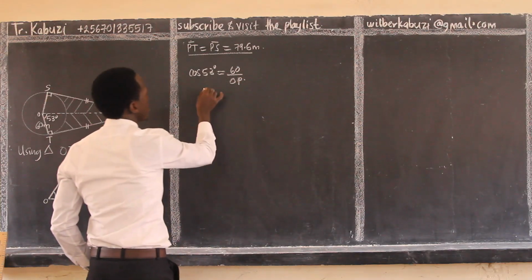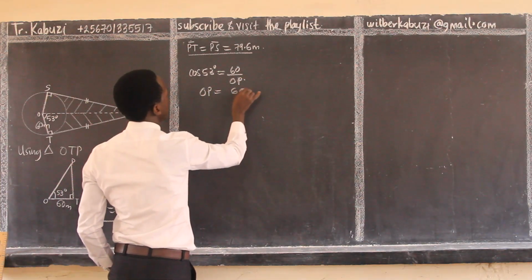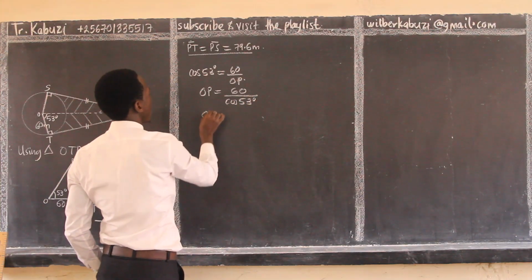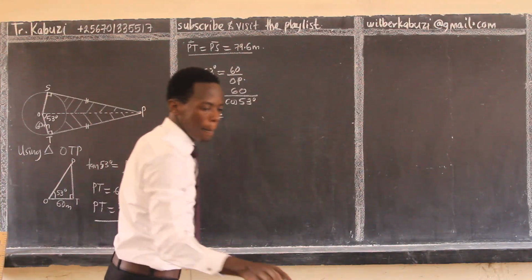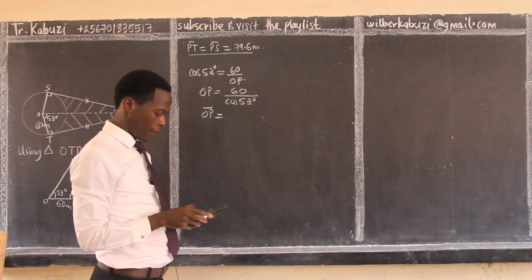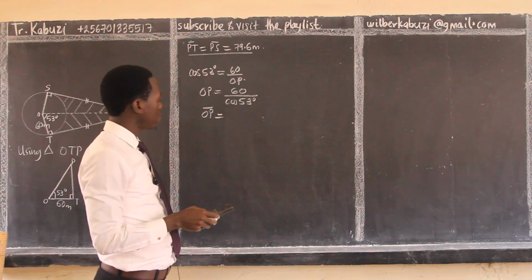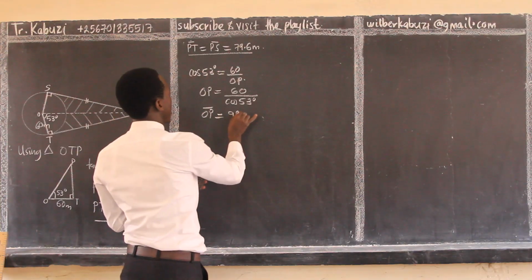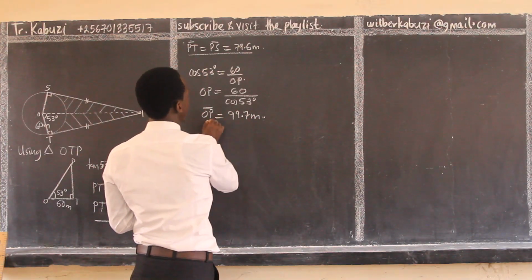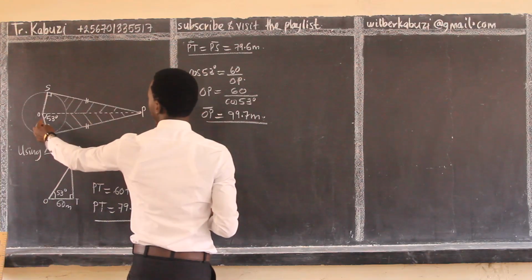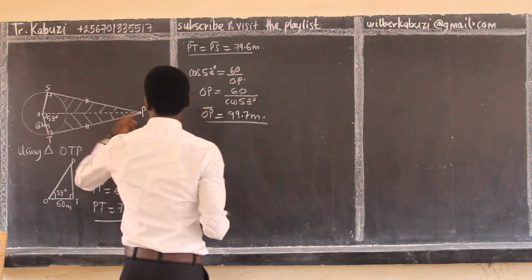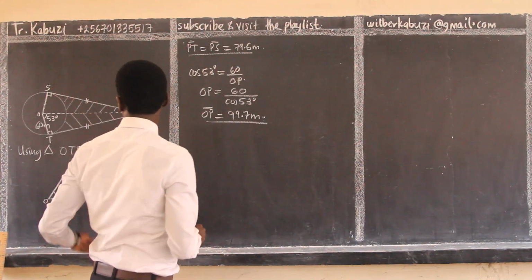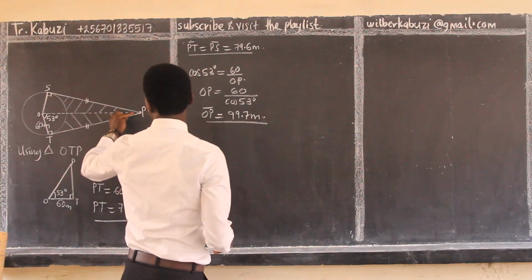So my OP will be 60 divided by cos 53 degrees, which is 99.7 meters. So that is my pathway. The length of this pathway is 99.7.